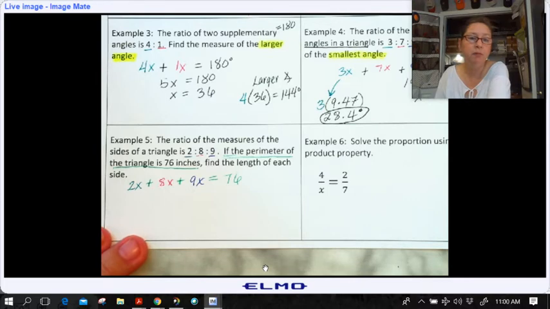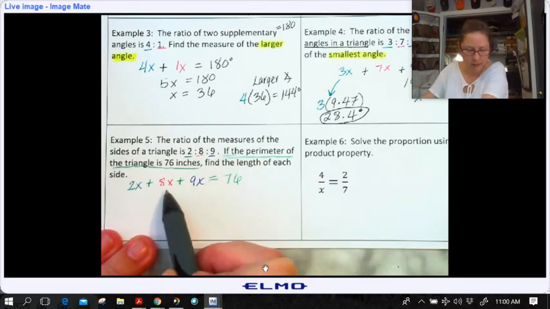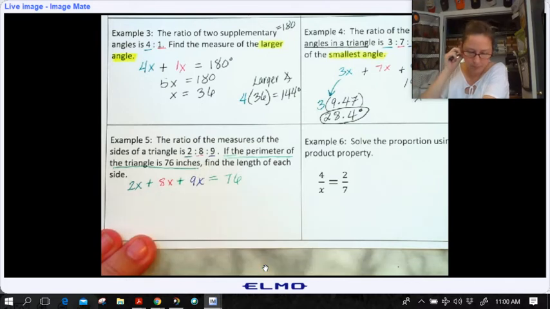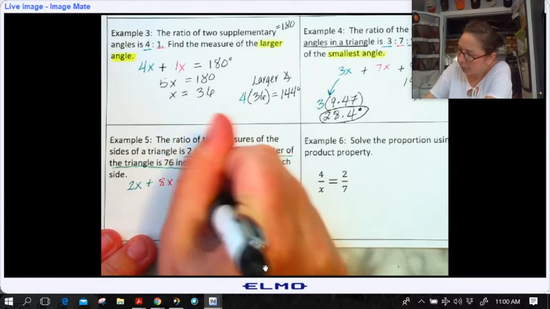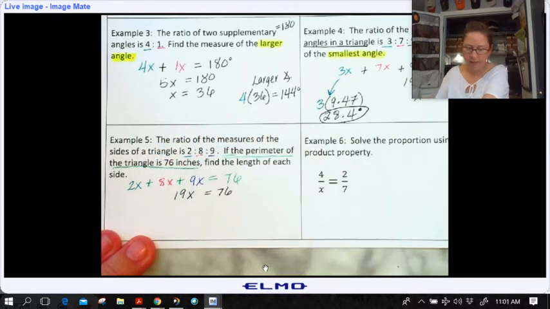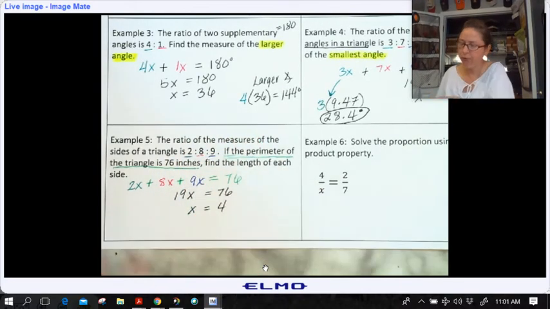So I have set up my equation. I'm ready to solve. 2 and 8 and 9 is going to give me 19 again. 76 divided by 19 is 4.